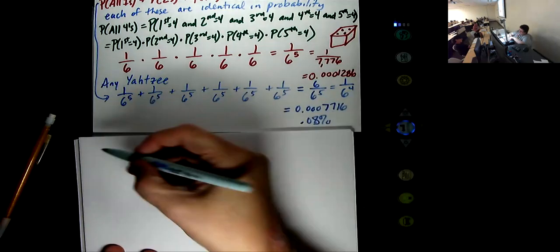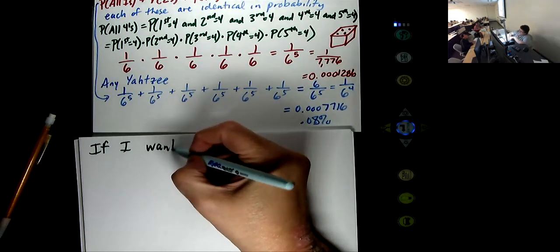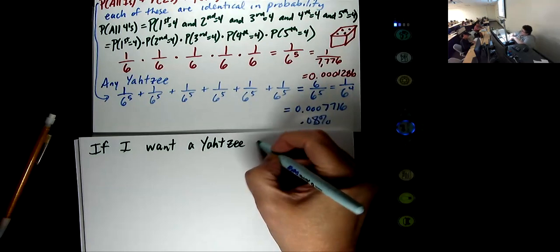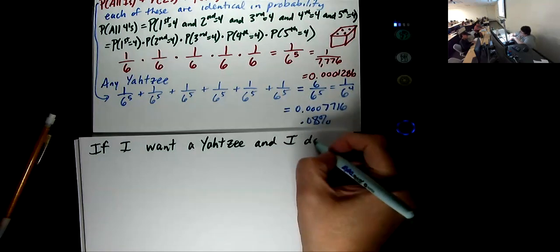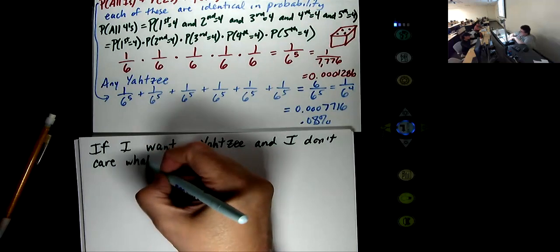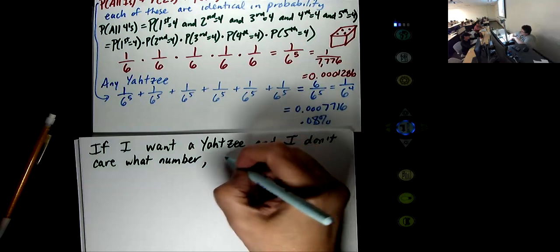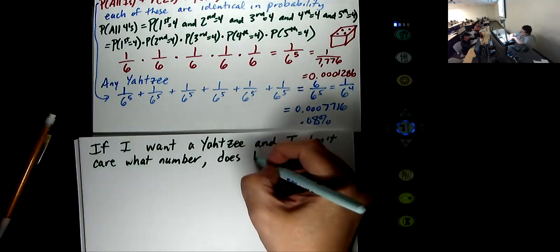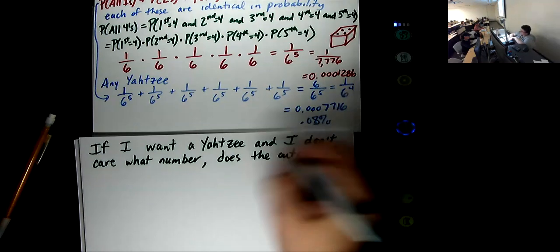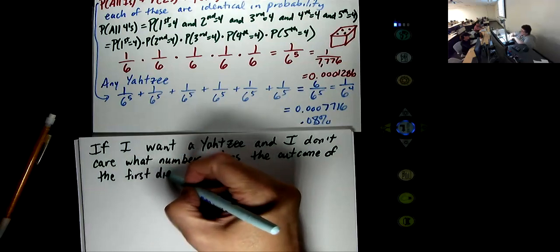If I want a Yahtzee and I don't care what number, does the outcome of the first die really matter? Die is singular for dice.